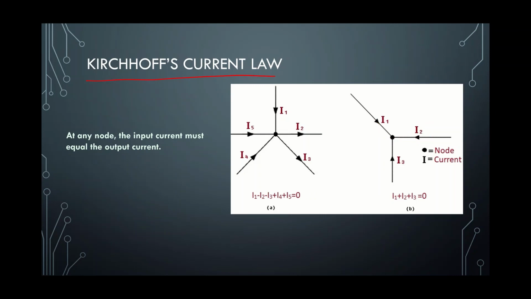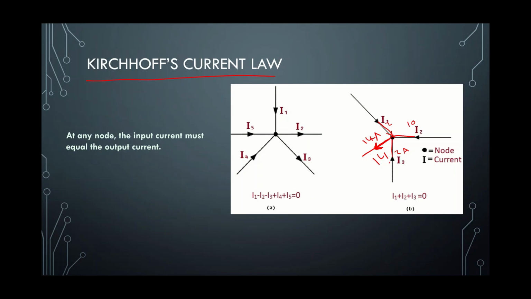So if you have here 2 ampere entering this point, 10 ampere entering this point, you can see the arrow here, 2 ampere entering this point, the total is 14. So 14 must be out of this node, 14 ampere.